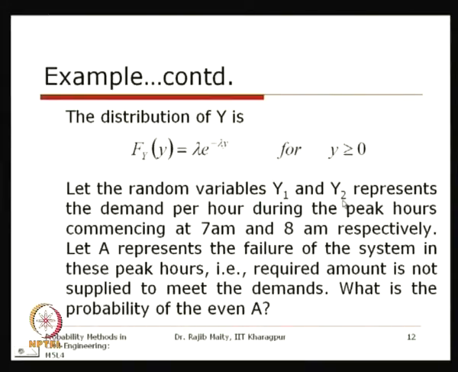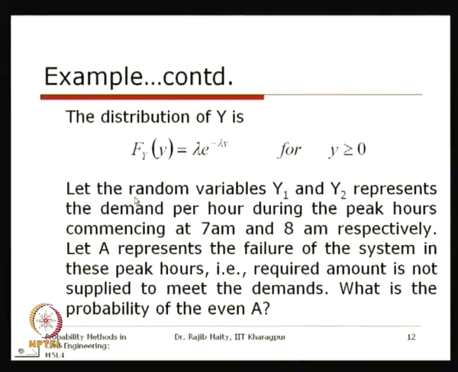This demand can follow a specific distribution, and it is stated that the hourly demand y follows an exponential distribution, lambda e to the power minus lambda y, for y greater than or equal to 0. You know that the support for this exponential distribution is 0 to infinity.